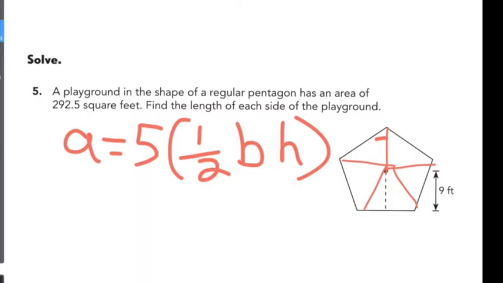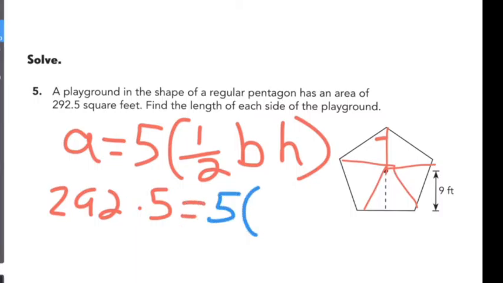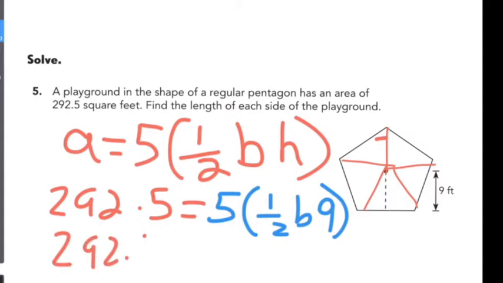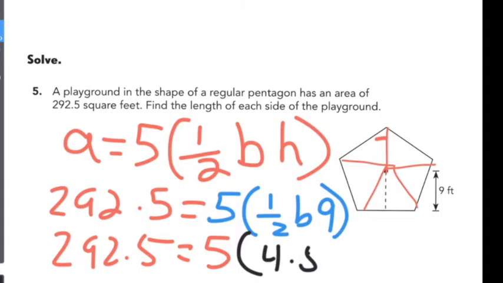Area is 292.5 equals 5 times 1/2. We don't know the base, but we do know the height. Let me rewrite: 292.5 equals, keep the 5, and half of the 9 is 4.5b.